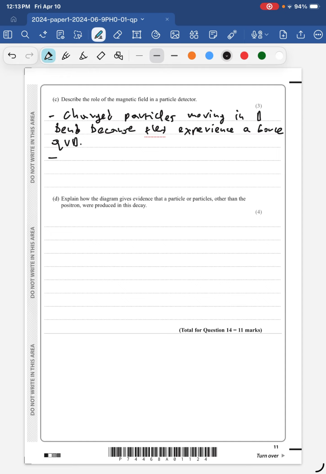Now, that force is the centripetal force. So mv squared over r is QvB, right? So we can write that r is mv over qB, which is also equal to p, the momentum, over qB.